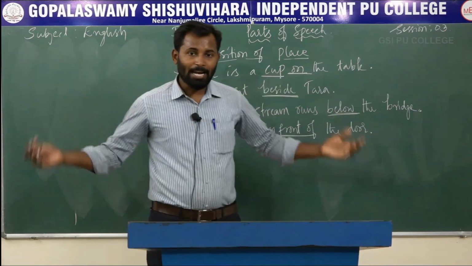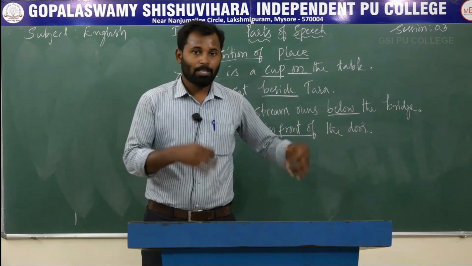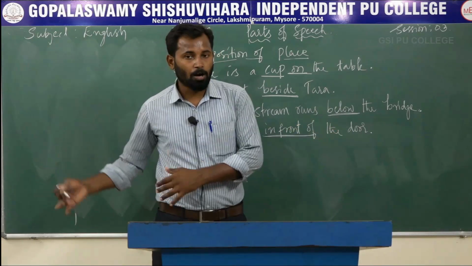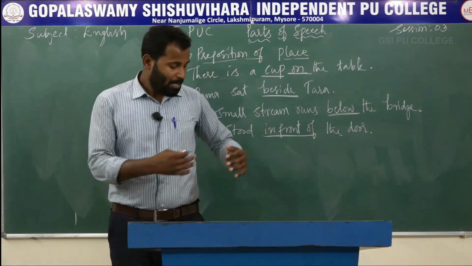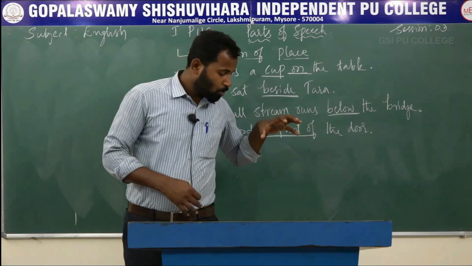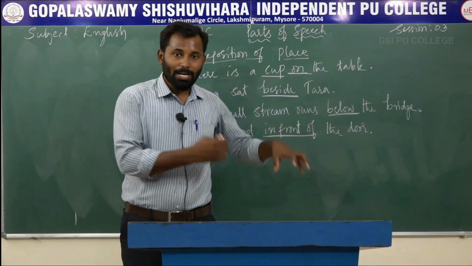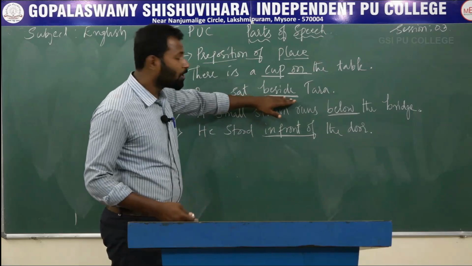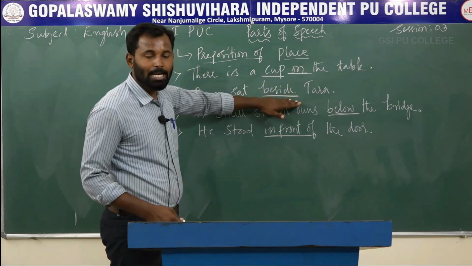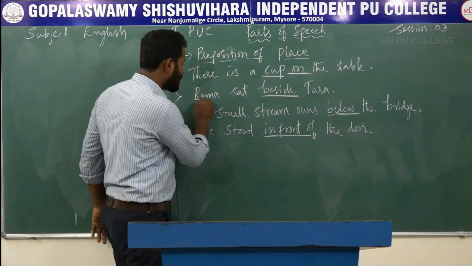Here, on either side of Tara, we don't know whether it is the left side or right side. But Rama sat beside Tara, next to Tara. So that is the position. The preposition beside describes the position of this noun, Rama.